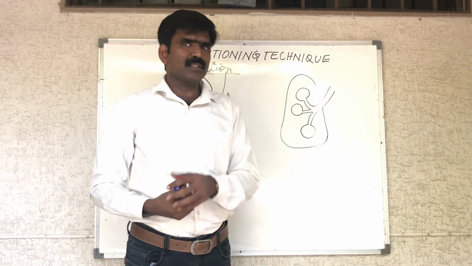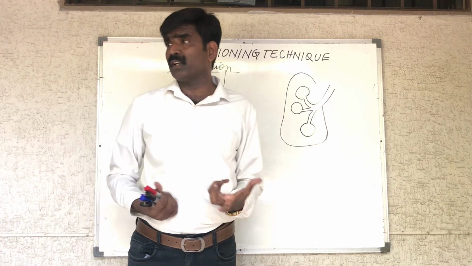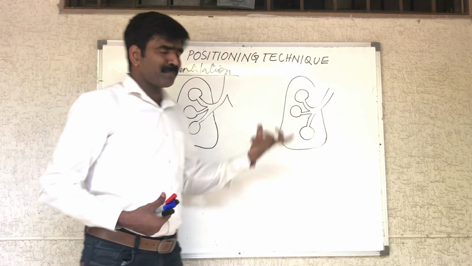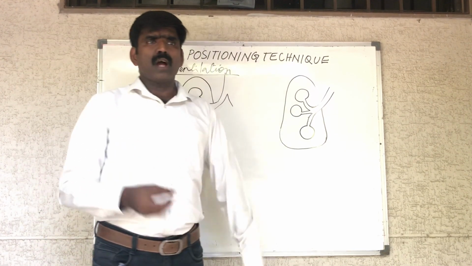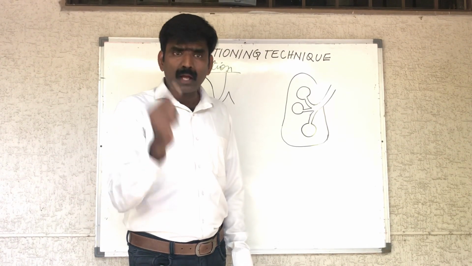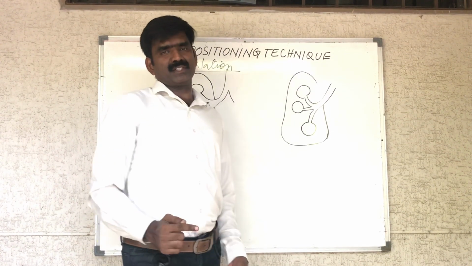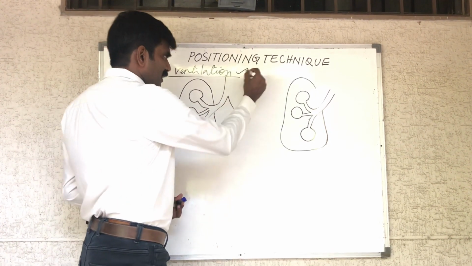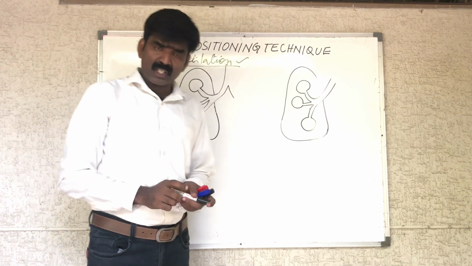We can also call it alveolar ventilation. And what is perfusion? Perfusion is the amount of blood which is entering into the lung for the purpose of gaseous exchange. That is called perfusion.